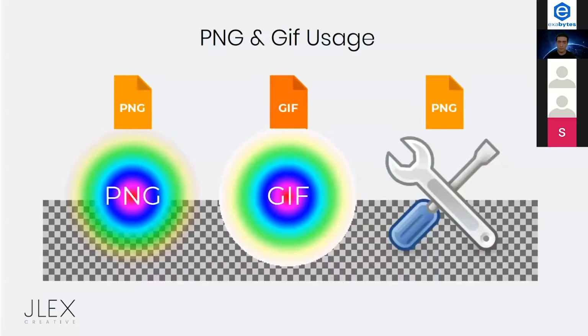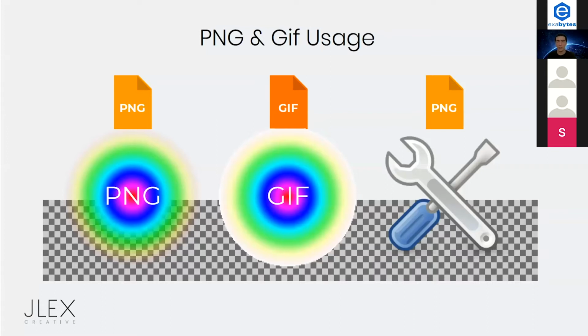As for GIF and PNG, GIF is primarily used for animated GIFs. If you go to the 9GAG website, you see all these animated emoticons, like the Nyan Cat. There's a lot of usage of animation nowadays, but GIF is primarily meant for that sole purpose. It's not color rich; it's limited in color.